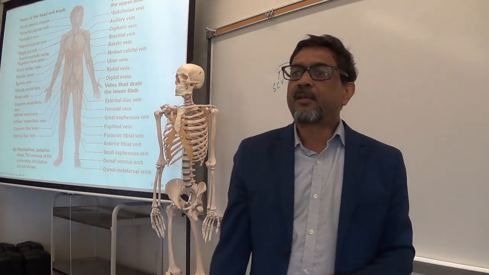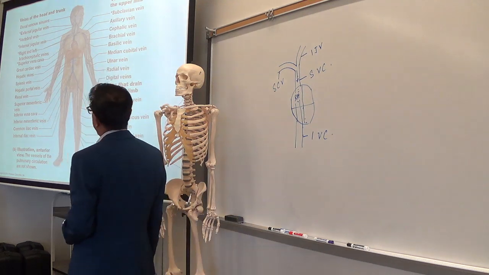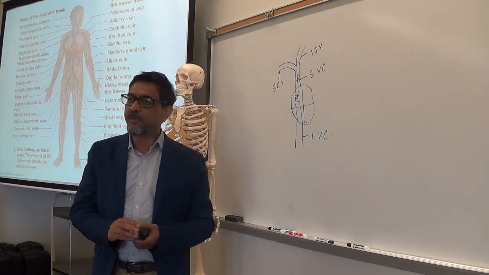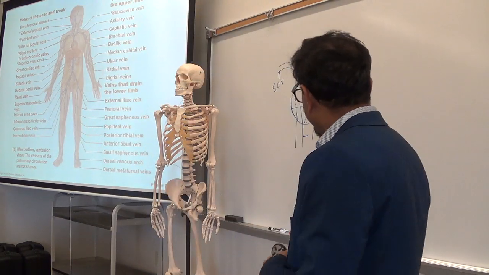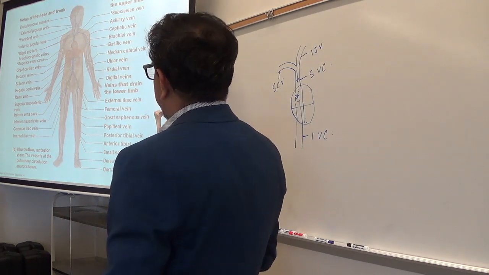So, internal jugular and subclavian, those are two veins give the blood to the superior vena cava. You see there in the picture. Okay.